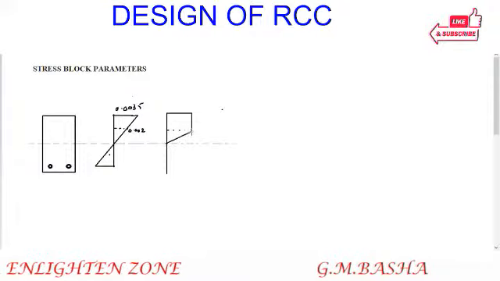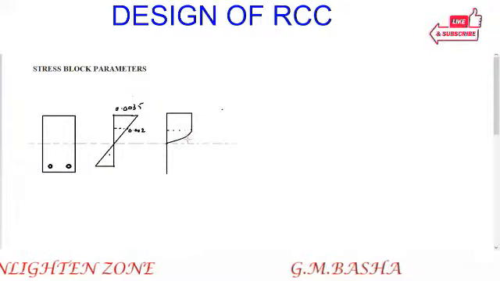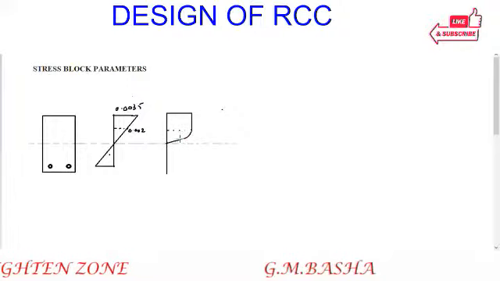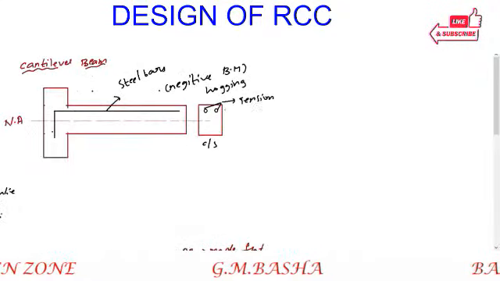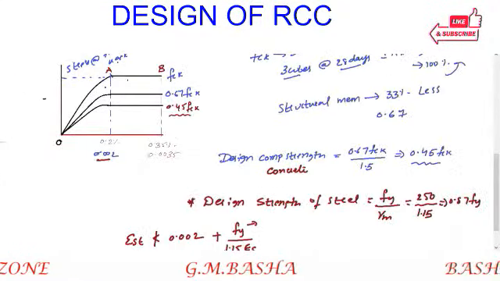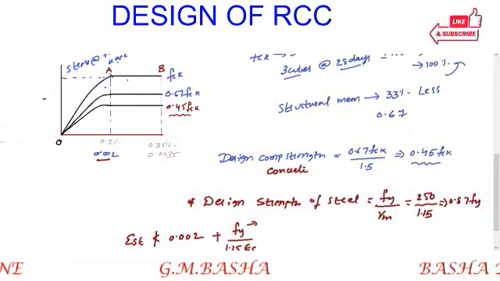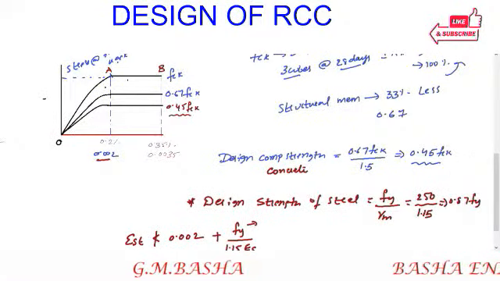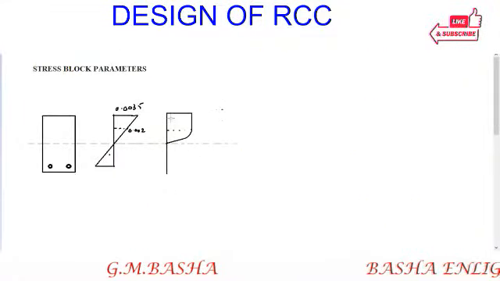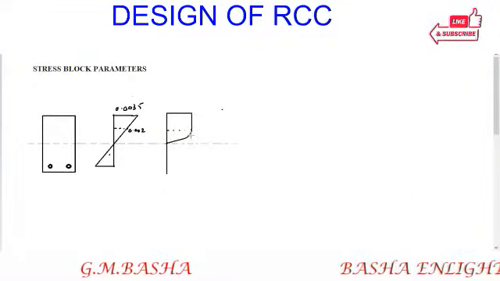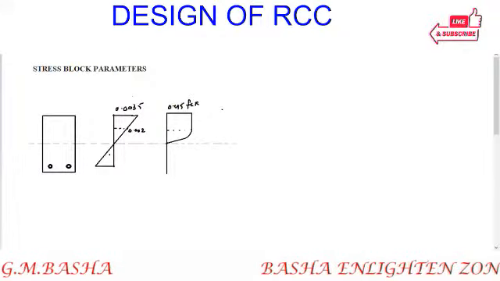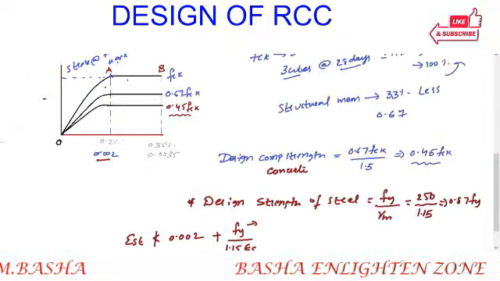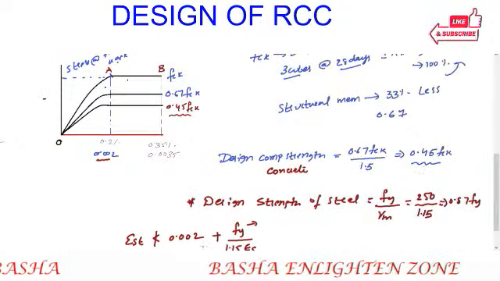I already explained this while drawing the graph. Up to AB it will be linear, and the OA part will be a parabolic curve. Up to what stress you design, I already told you that will be 0.45 fck. So the design compressive strength of concrete will be 0.45 fck.